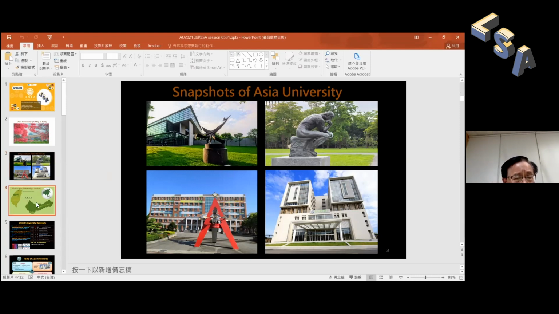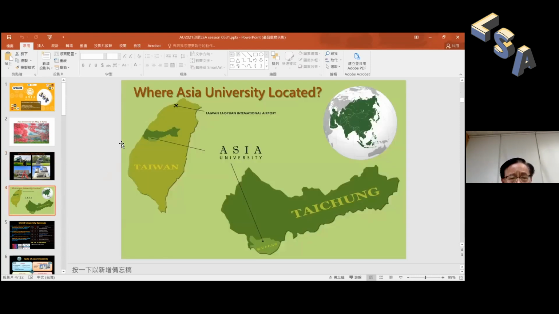And Asia University is located in the central part of Taiwan. Here is the north. Here is the south. Taiwan is shaped more or less like a yam, a sweet potato. The north is Taipei, the south is Kaohsiung, and Taichung is the central part of Taiwan, and our university is located in the central part of Taiwan.